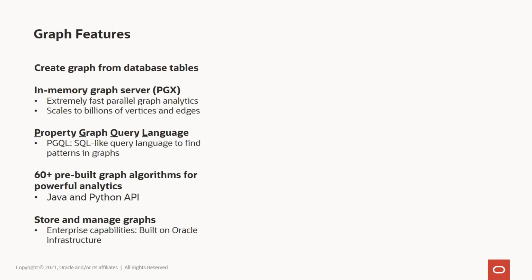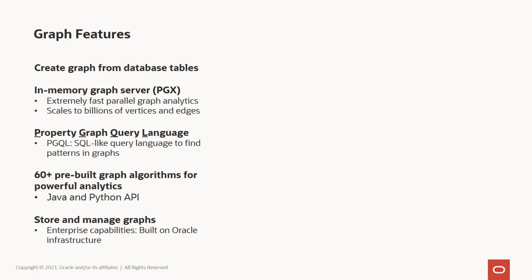So a summary of the graph features is here. And one key feature is that you can create a graph from database tables. So your business data is probably in database tables, and you can create a graph right there. You don't have to move your data to a specialized database just for creating a graph. And the Oracle Graph feature includes an in-memory graph server for highly scalable graph analytics and graph querying. It includes a property graph query language, which is a SQL-like language for querying graphs.